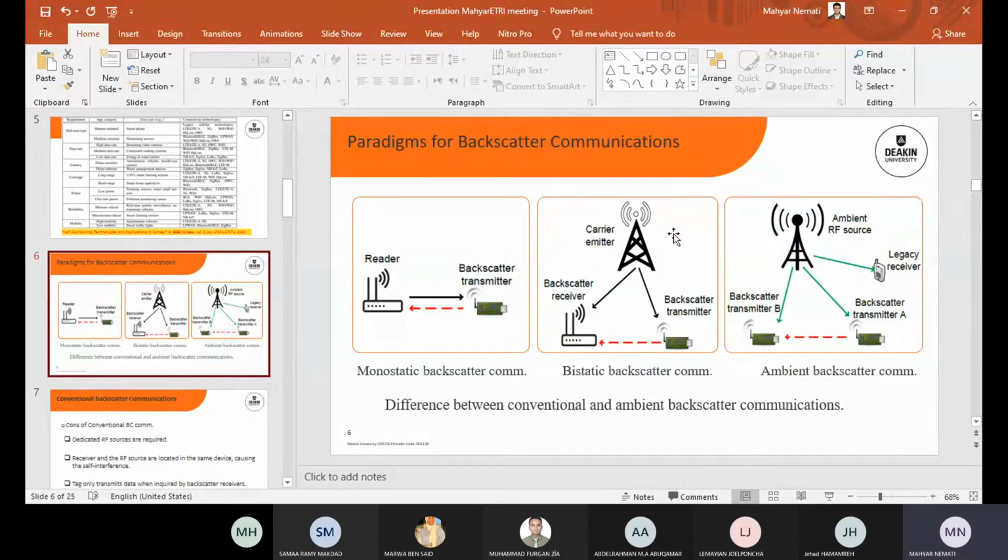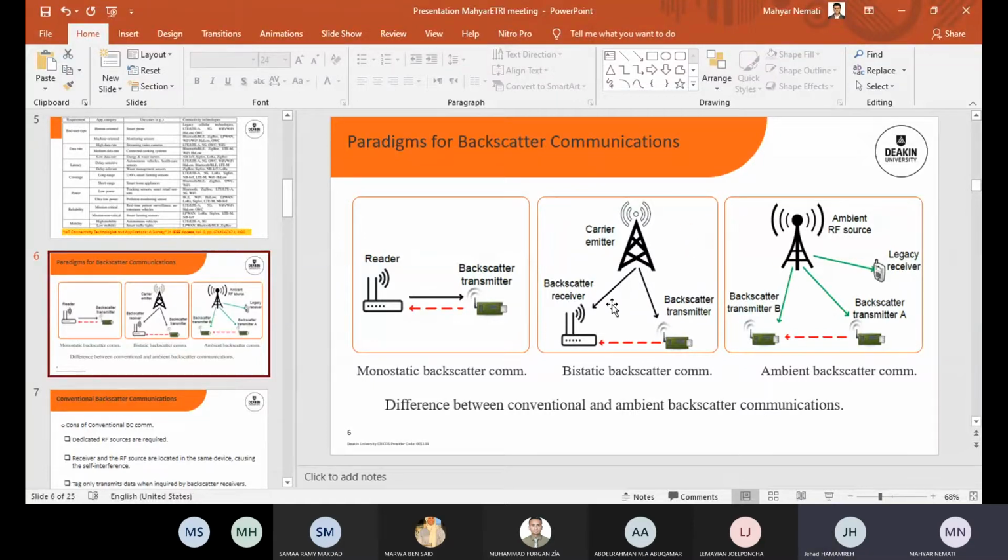They have a dedicated emitter separated from the reader or receiver. It will send the interrogation signal towards the backscatter transmitter and the backscatter receiver both. This signal is known at the reader as well, and acts as an interrogation signal for this tag, the RFID tag. This tag is still able to modulate and retransmit, or backscatter, that signal towards the receiver. This is called bistatic communication.